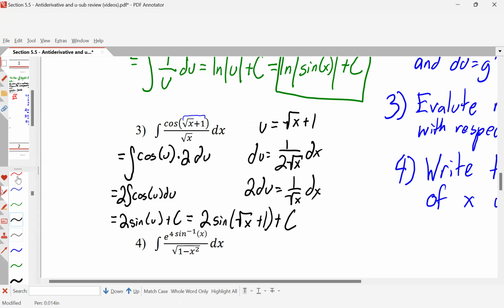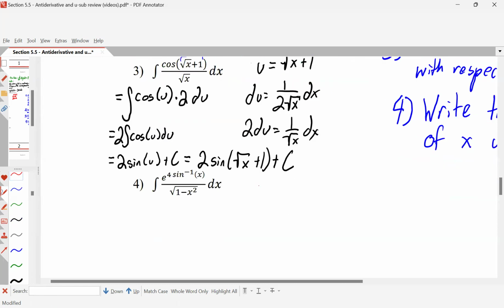In particular, we know that the derivative of sine inverse is 1 over the square root 1 minus x squared.